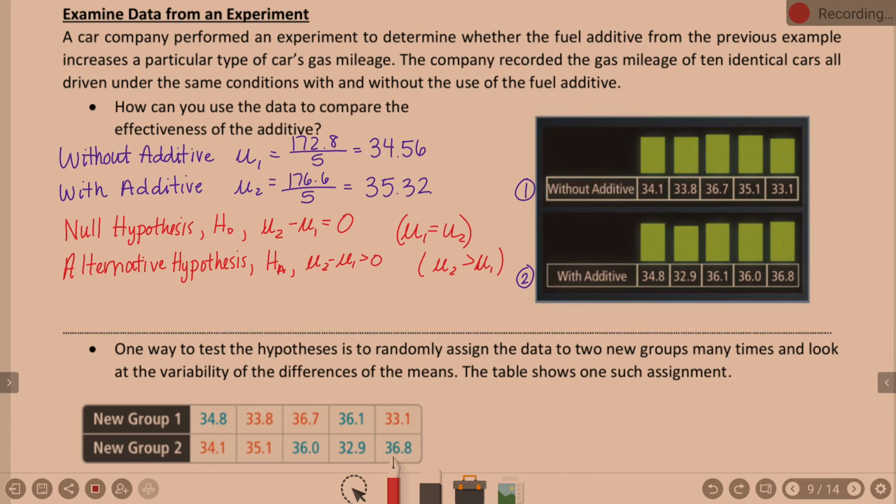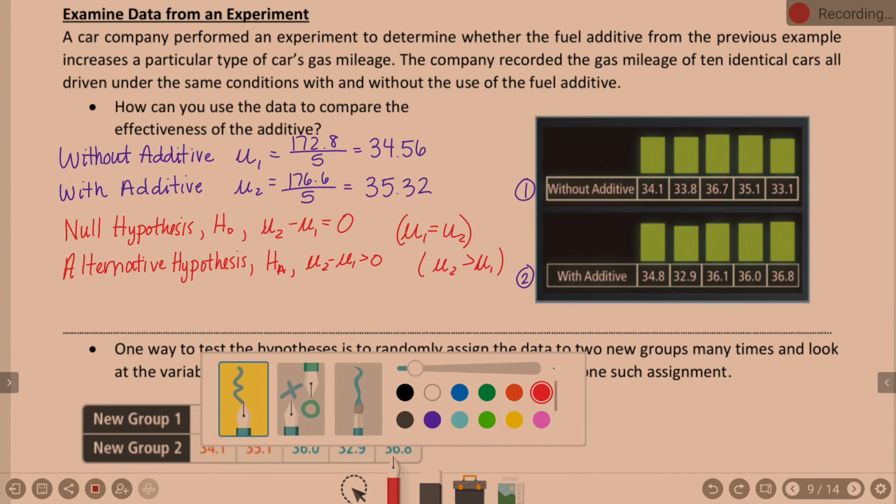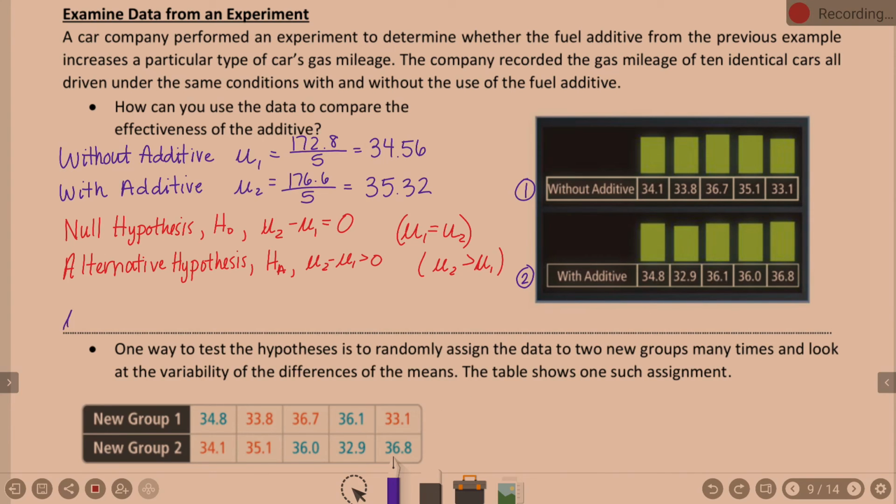Those are the hypotheses if we're looking at two groups and trying to decide additive versus not additive, is it working? So null hypothesis, you subtract them, you get 0. In other words, they're about the same. Alternative hypothesis, you subtract them, you get a value greater than 0, indicating the additive is working. What is our difference here when we subtract ours? We do the average of group 2 minus the average of group 1.